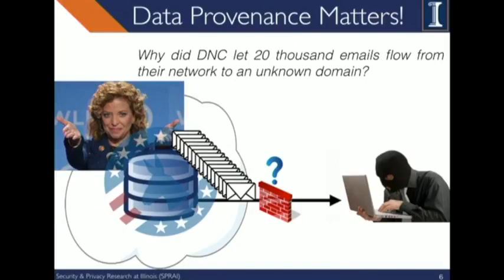Well, the answer to this is complex and spans multiple layers of computer security challenges, but one of them is that our network security functions today don't really have the context necessary to examine a network packet and make a highly contextual decision like, where did this packet come from? What data is inside of this packet? Provenance can provide this type of context, and it's going to play a crucial role in future security mechanisms.